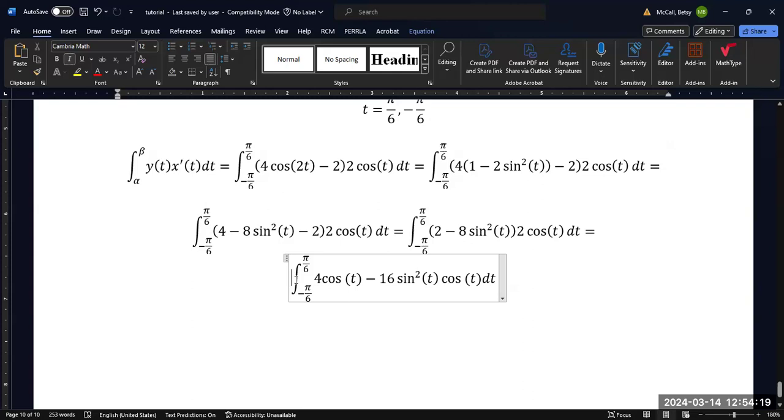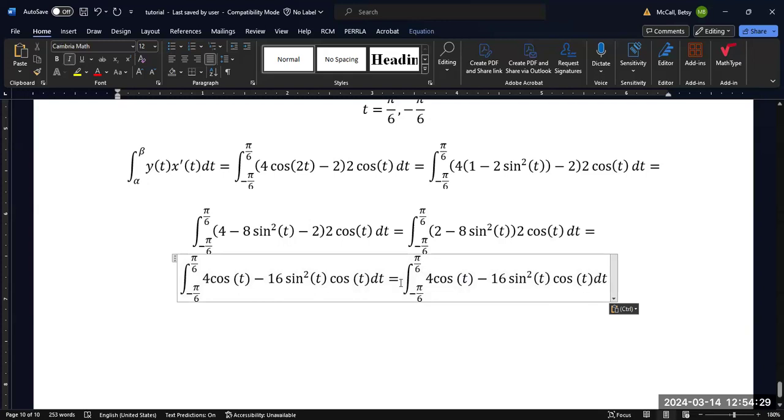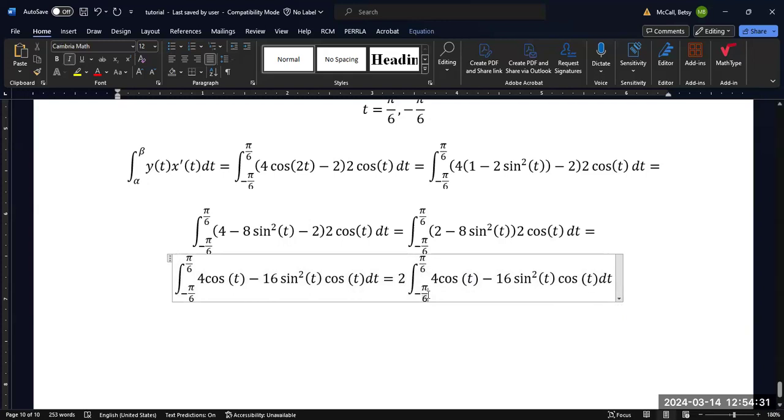So the fact that this is an even function means that I can change my limits of integration and double it, so that after I do all the stuff, I'm putting 0 into my functions, which is going to be a lot easier for me to evaluate than trying to deal with the signs on plugging in pi over 6 in both cases.